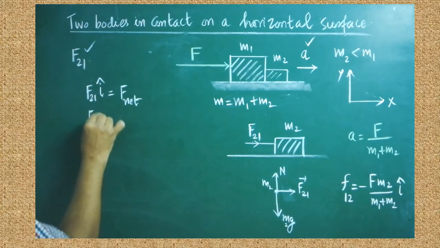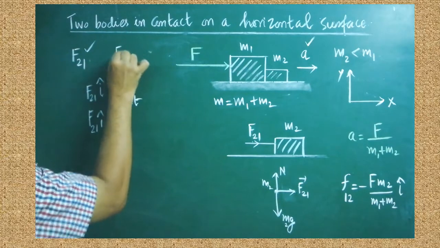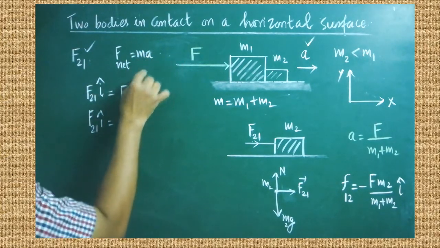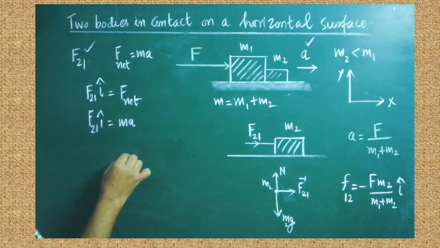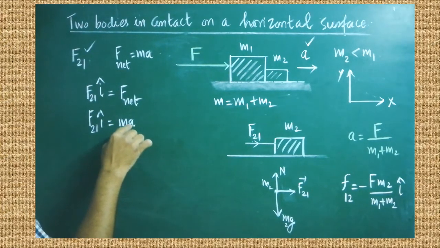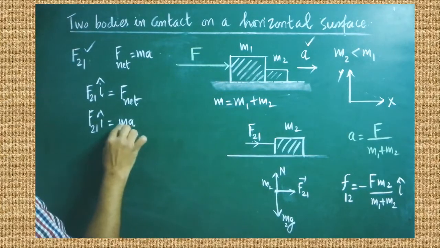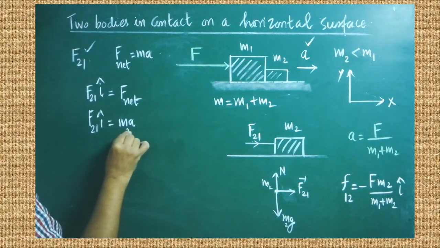Net force can be written with the help of Newton's second law. F net can be written as ma. Instead of F net, I am writing ma. The acceleration is acting in this direction. It acts only on m2, that mass alone is to be considered.